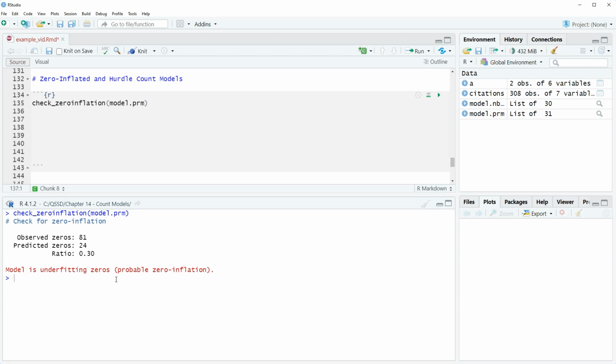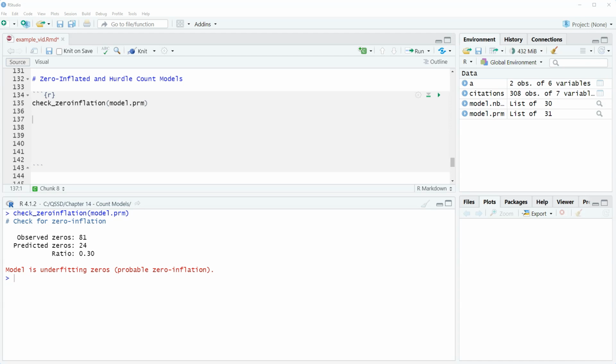Zero inflated models are a little bit more complicated in the sense that they treat zeros as being generated out of two possible processes. One is where an observation is always zero for some reason.